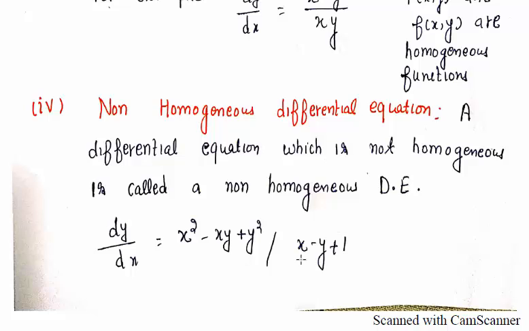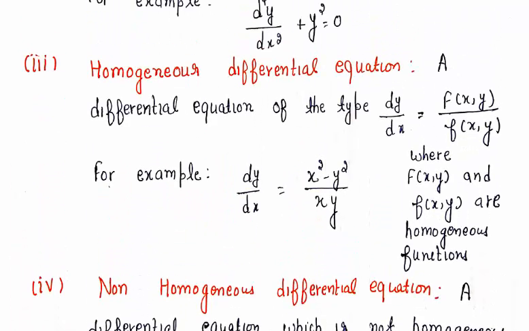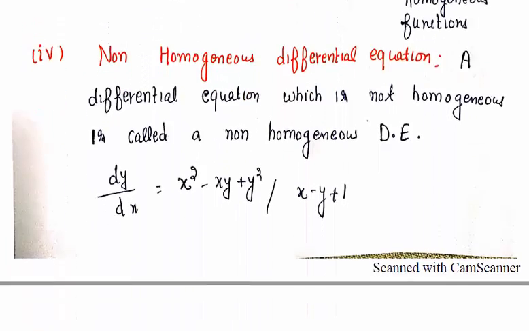So this denominator term is non-homogeneous. If this term is non-homogeneous, our total equation becomes a non-homogeneous differential equation. So the behavior of a homogeneous or non-homogeneous differential equation depends upon the behavior of the functions F of xy and f of xy. If both the functions are homogeneous, then the differential equation is homogeneous. Otherwise our differential equation is a non-homogeneous differential equation, as we discussed in this example.